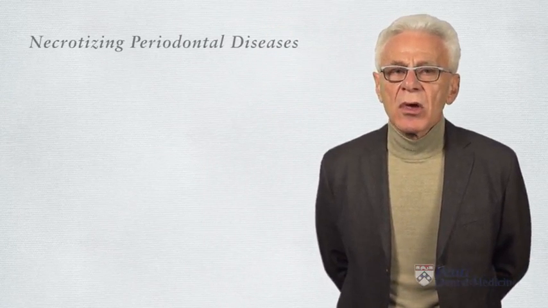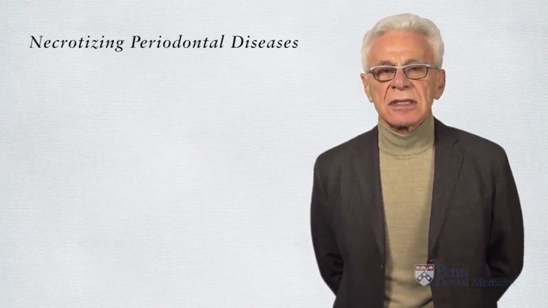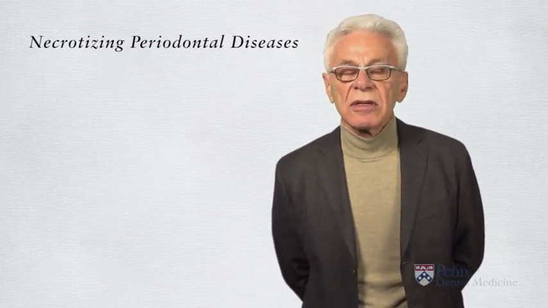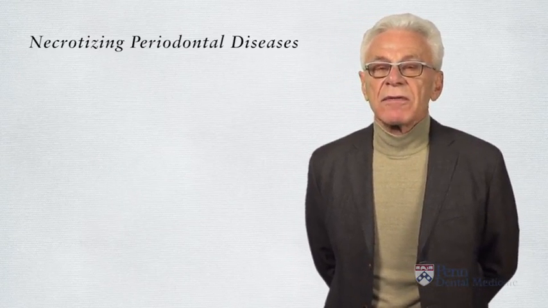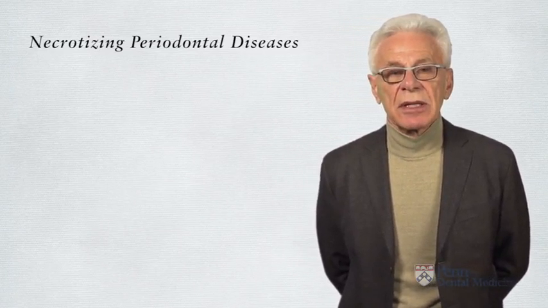There is a whole host of diseases known as necrotizing periodontal diseases. Those diseases are caused by actual infiltration of bacteria into the gingival tissues. The first areas affected are the interdental papilla.